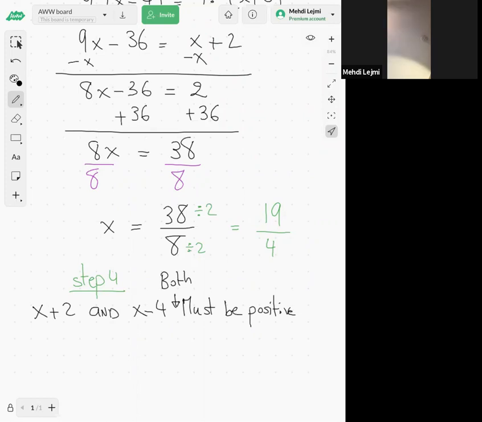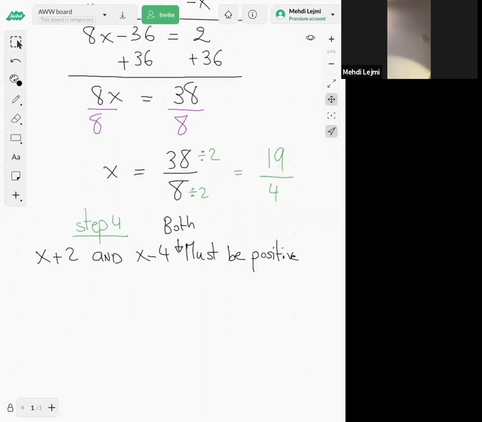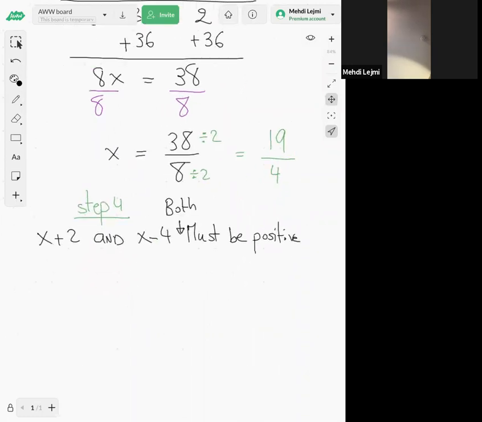My possible solution is 19 over 4. Okay, that's my x. So I have to check that. So we have to check that 19 over 4 plus 2, and 19 over 4 minus 4. I have to check that both of them are positive, all right?